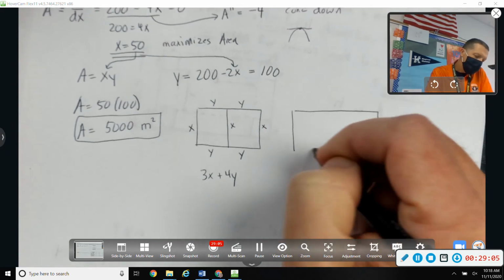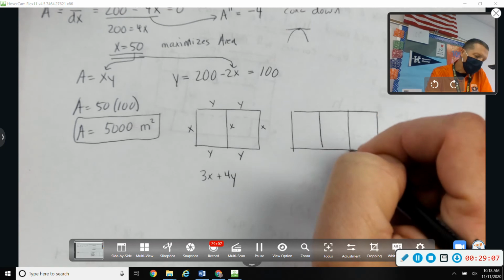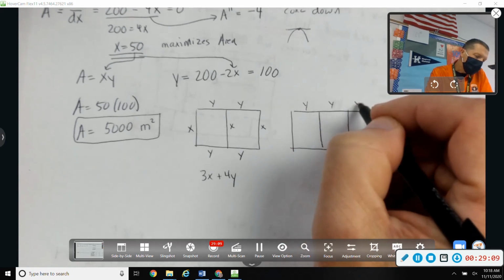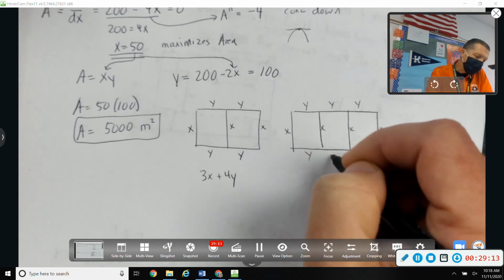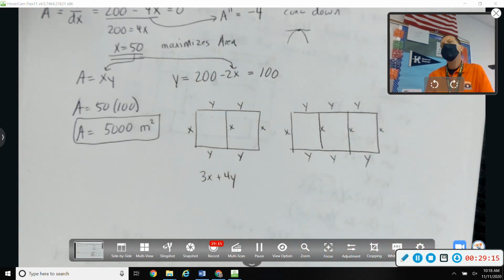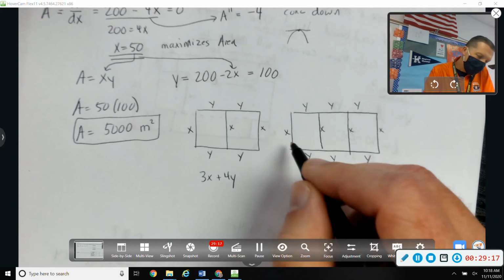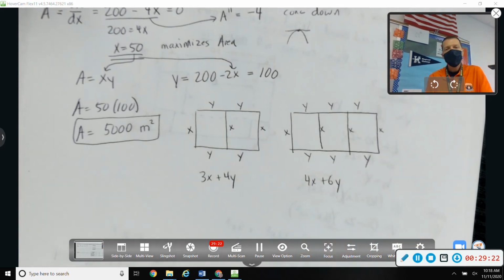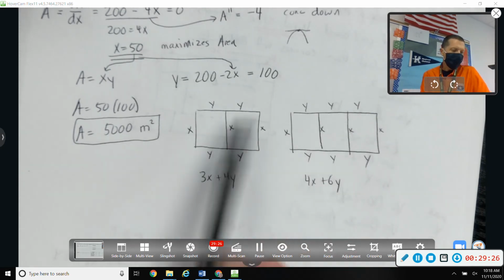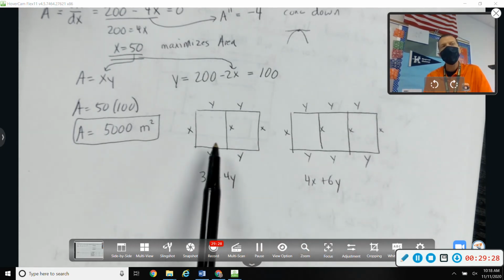Maybe you got 3 different kinds of animals. And so there's no set formula. You just have to draw it out and figure out how many x's and how many y's you got to make it work. So that would be 4x plus 6y equals however much fence you have. So we can tweak these kinds of problems, and you can bet that there'll be one something like that on the test.